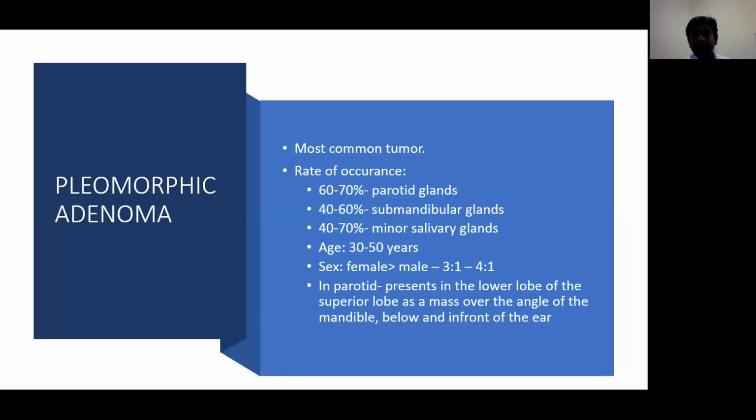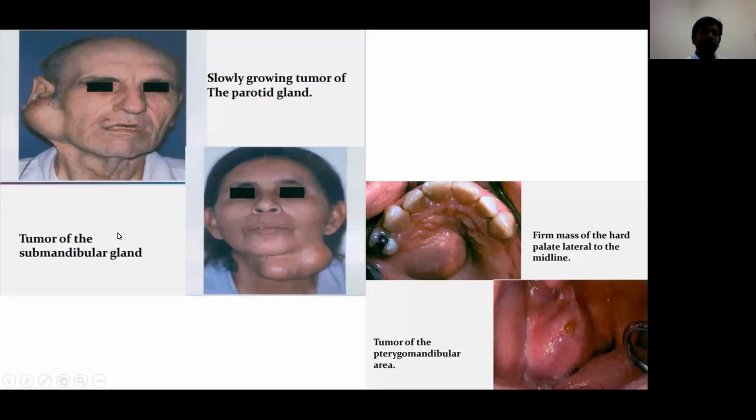So this is the most common tumor, as I already told. Below, up to the angle of the mandible, and here also this is a tumor involving the submandibular gland.